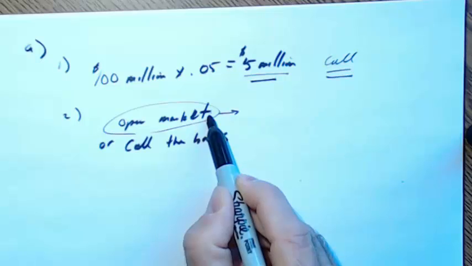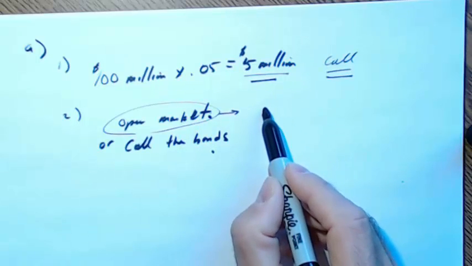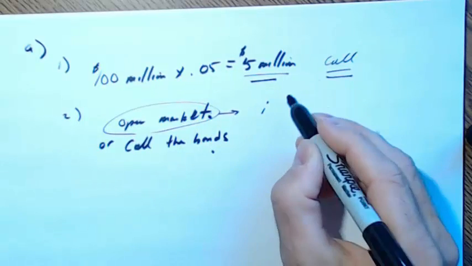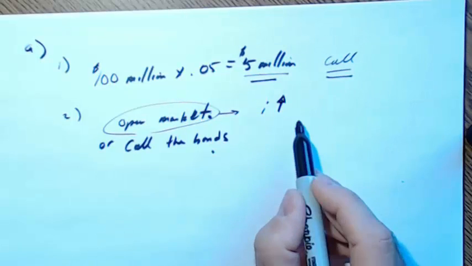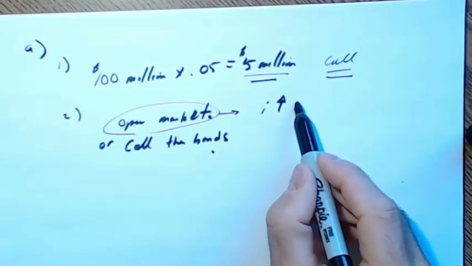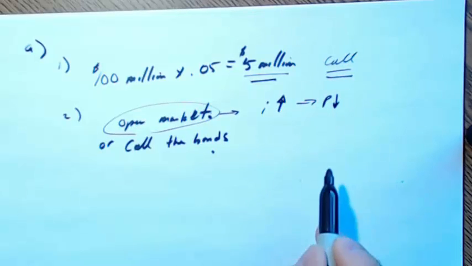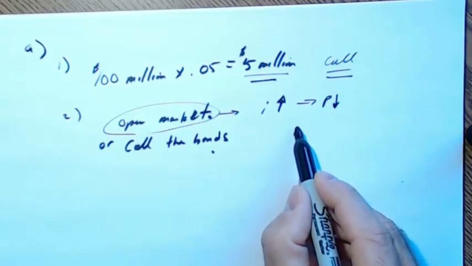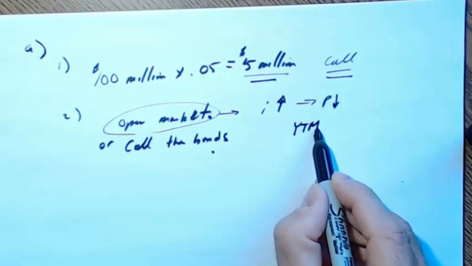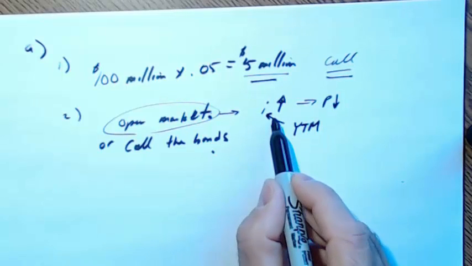So when does that happen? That happens when interest rates in the economy are very high. When interest rates in the economy are high, that means bond prices are low. You can basically say the yield to maturity, because that's basically the market interest rate.